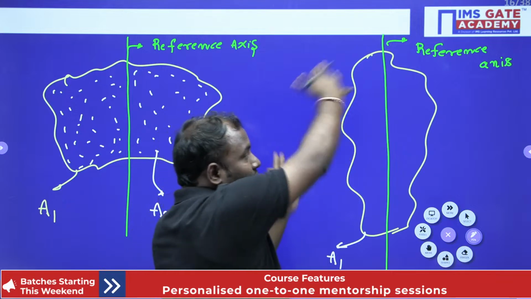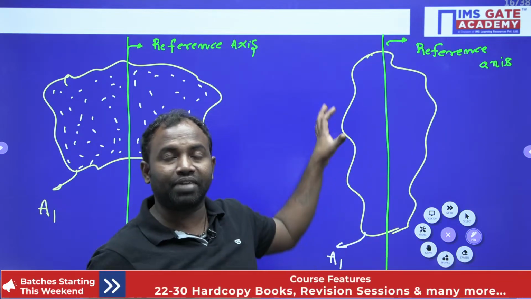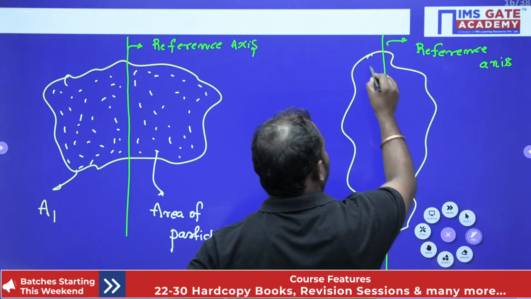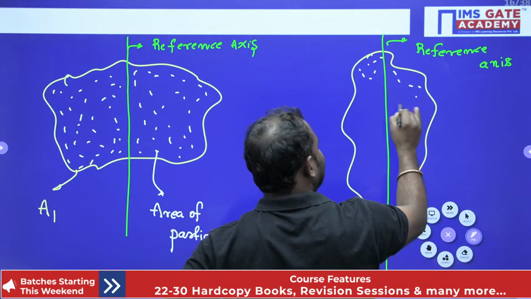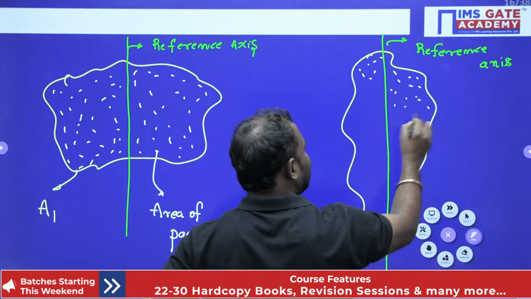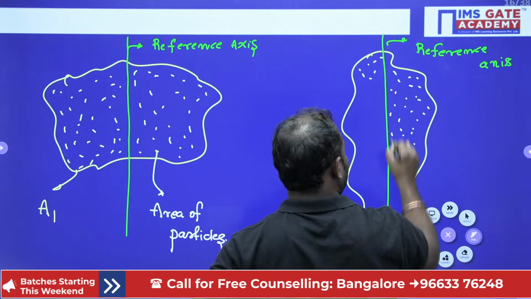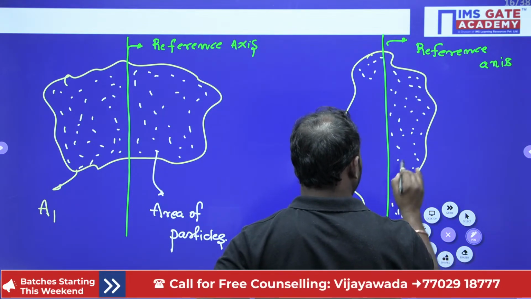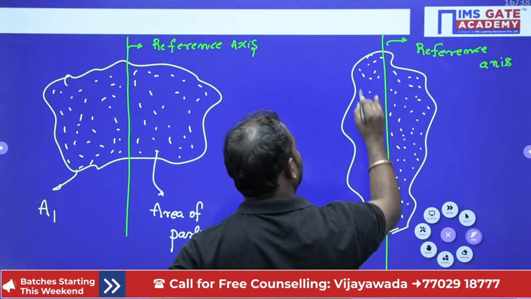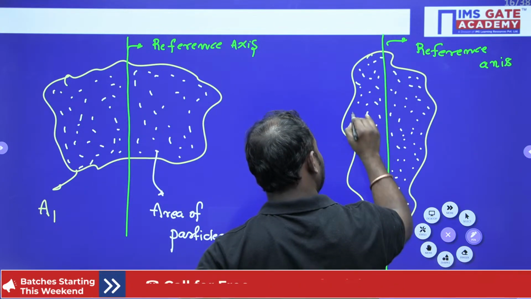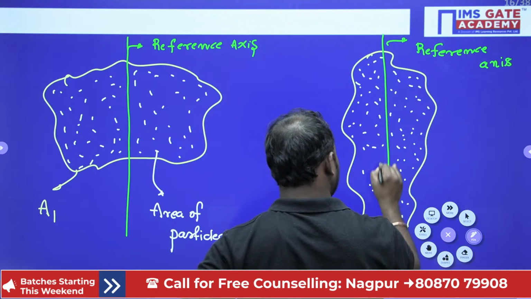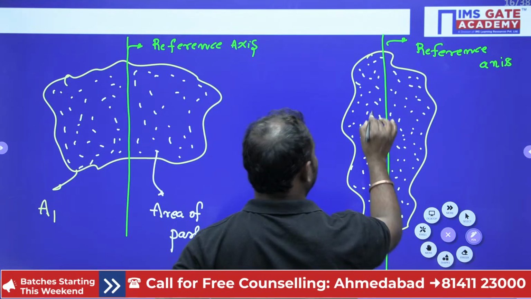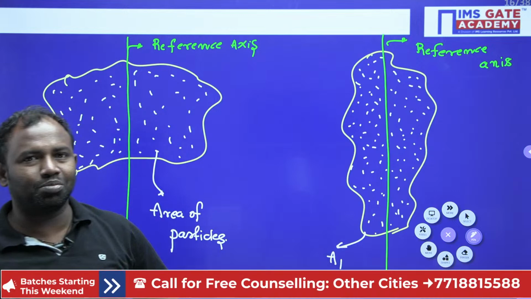But if I take the vertical position of the shape of the area, then how are the particles distributed? Now see here, the particles are distributed like this.